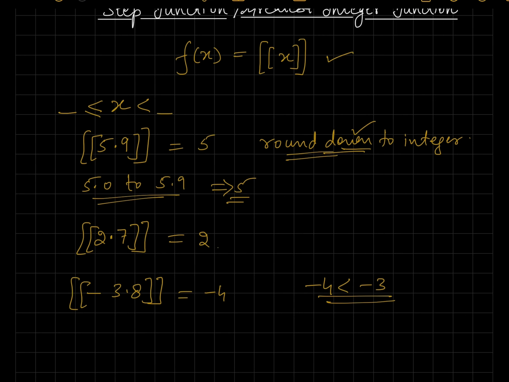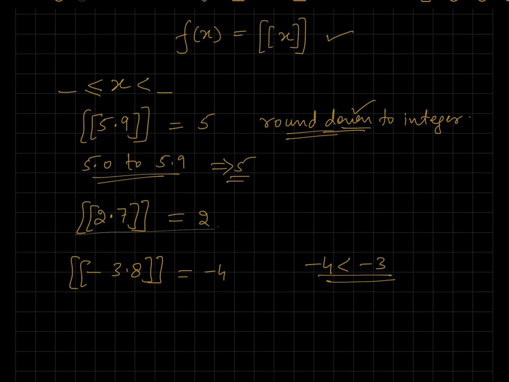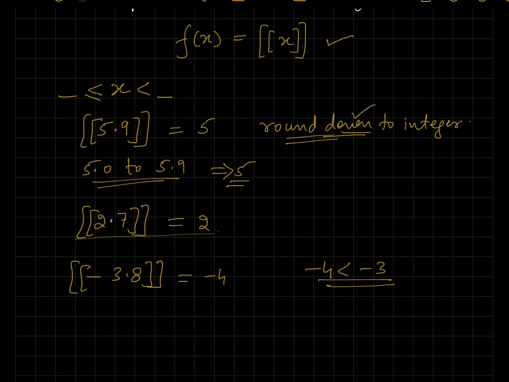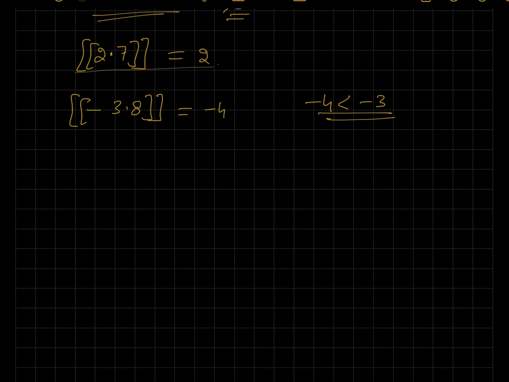Now let us plot this general f(x) step function, and for that we will make a table. For x, let us say x is greater than or equal to negative 3 and less than negative 2.